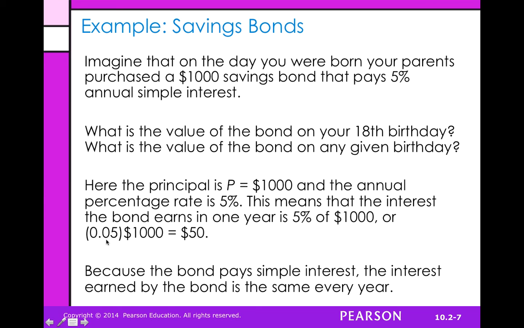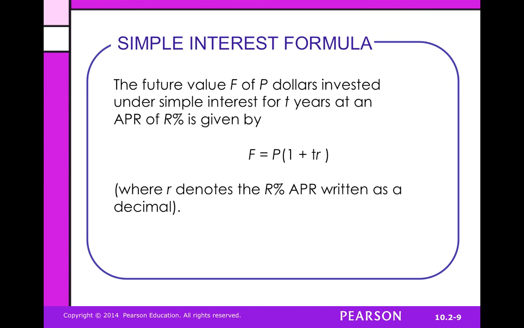So in all of these problems throughout chapter 10, you must always convert a percentage to a decimal if you're going to start using formulas. So anyway, here is the relationship between how much money you have now and how much you will have in the future based on a time amount and an interest rate.